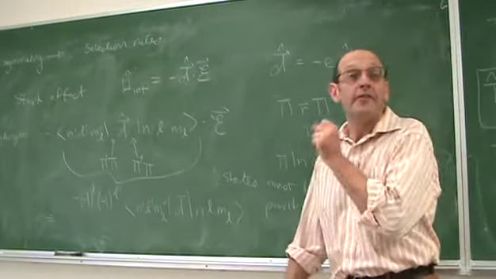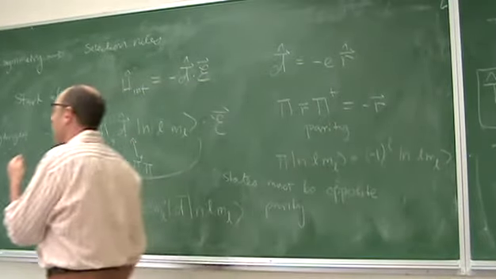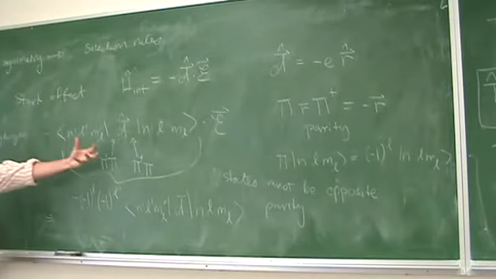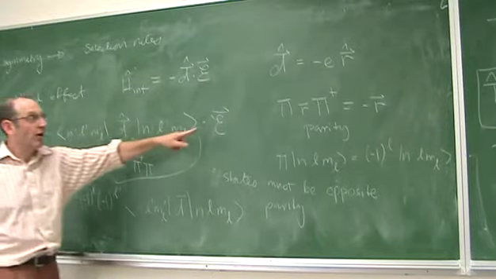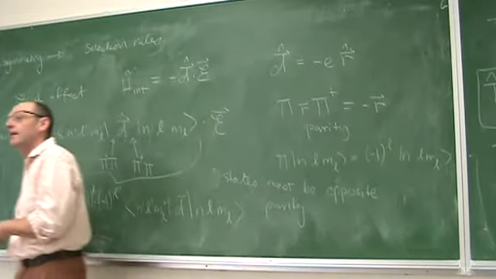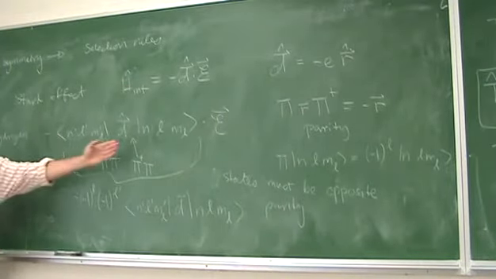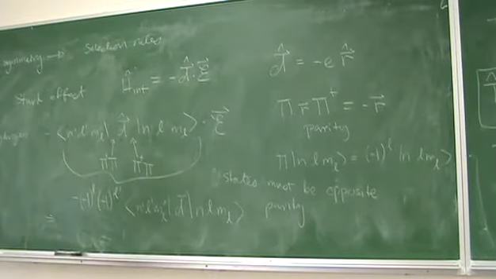So that's an example of a selection rule. And that selection rule follows from parity symmetry. This object transforms, d or r, under parity. These states respect in some way the parity symmetry.